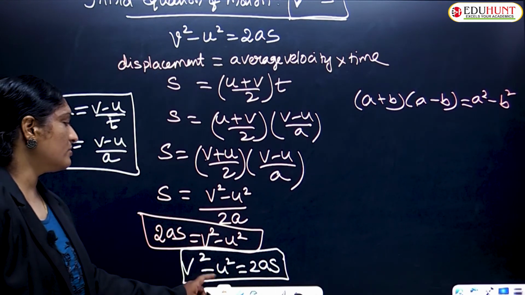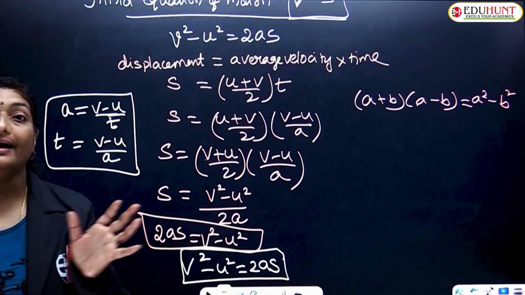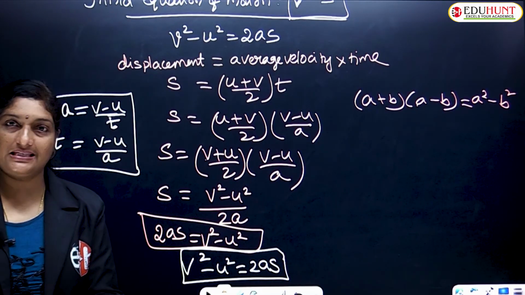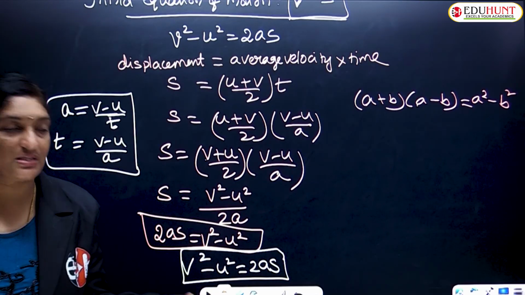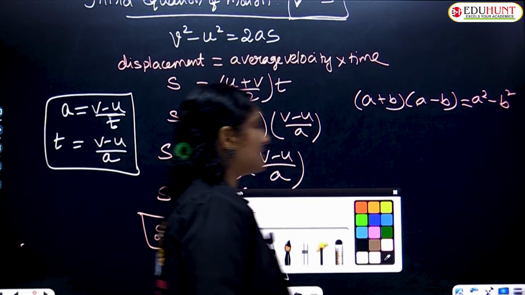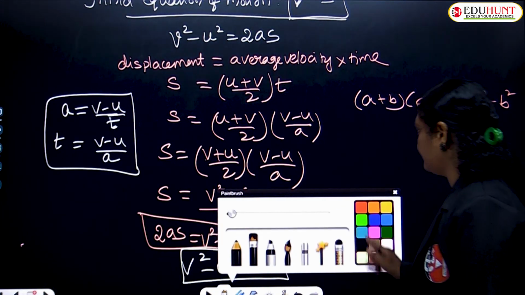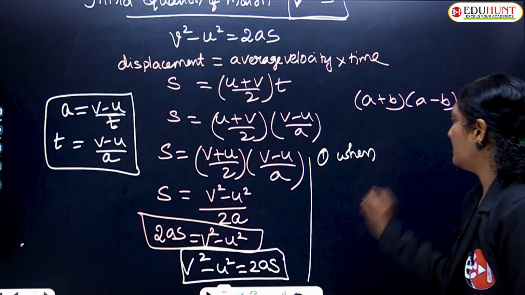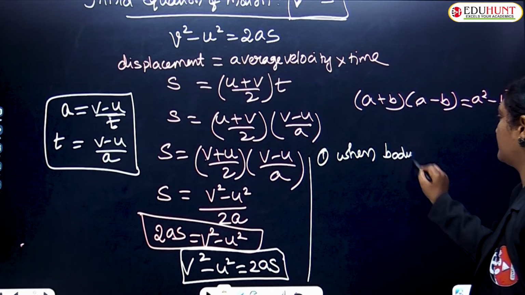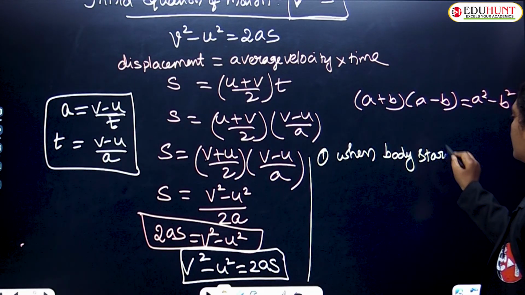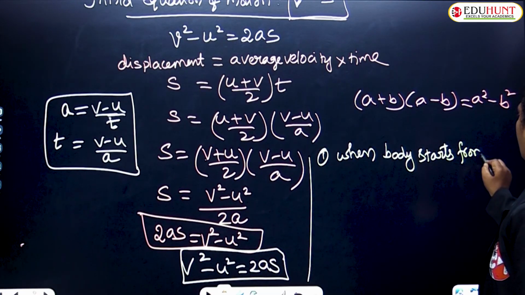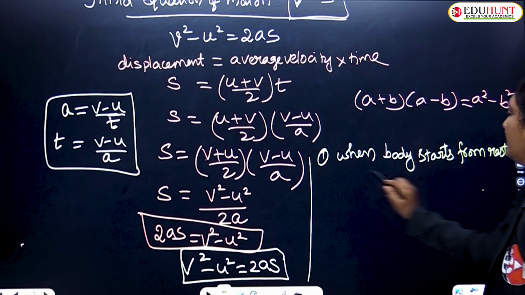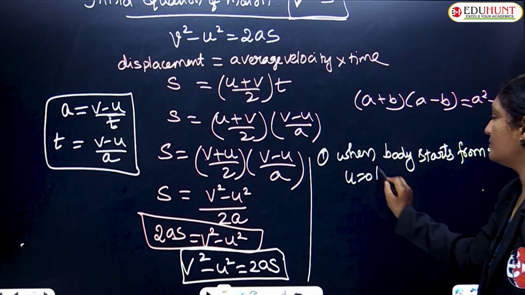Children, if the body moves initially from rest, that is, the initial velocity is 0, when the body starts from rest, then the value of u equals 0.